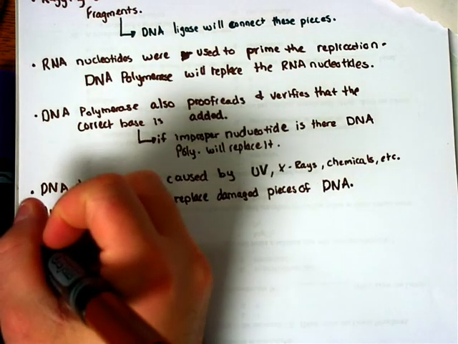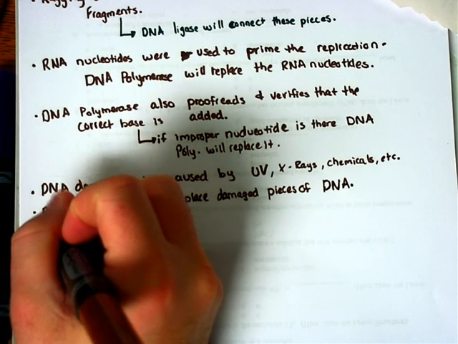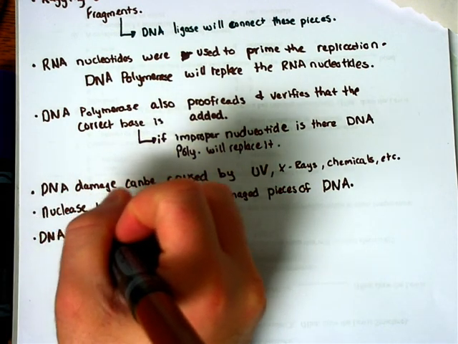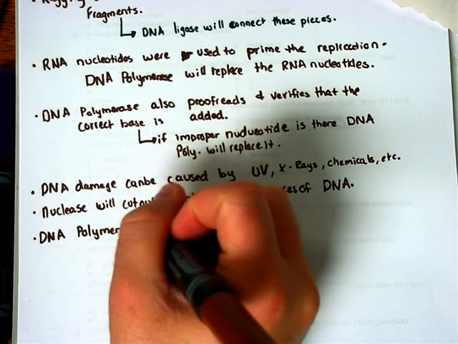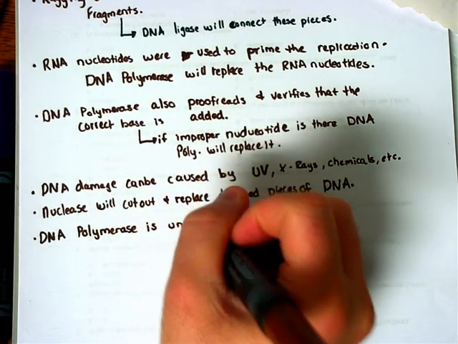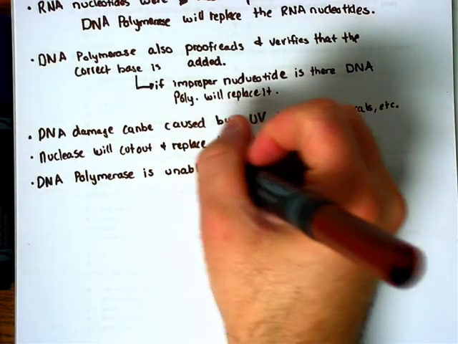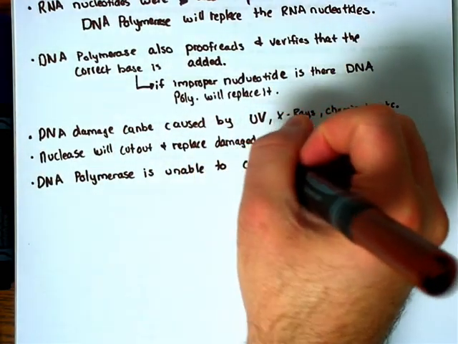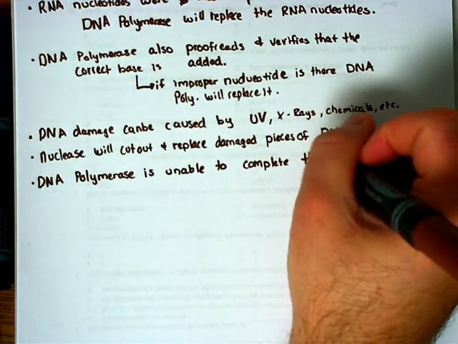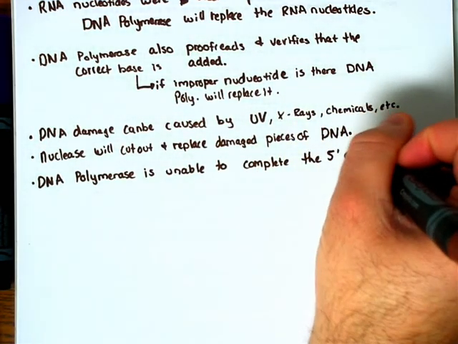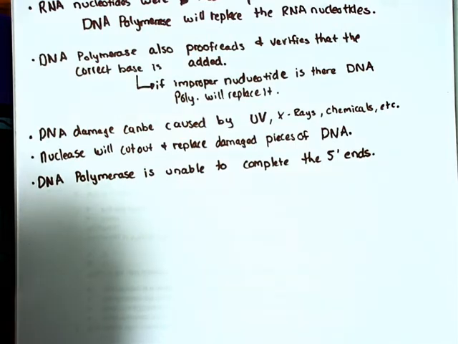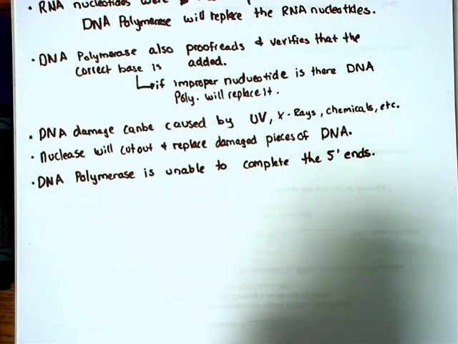If you think about it, DNA polymerase is unable to complete the 5' ends. And see, the reason for that is because if you think about the 5' end, it would be extremely difficult to ever be able to copy that.